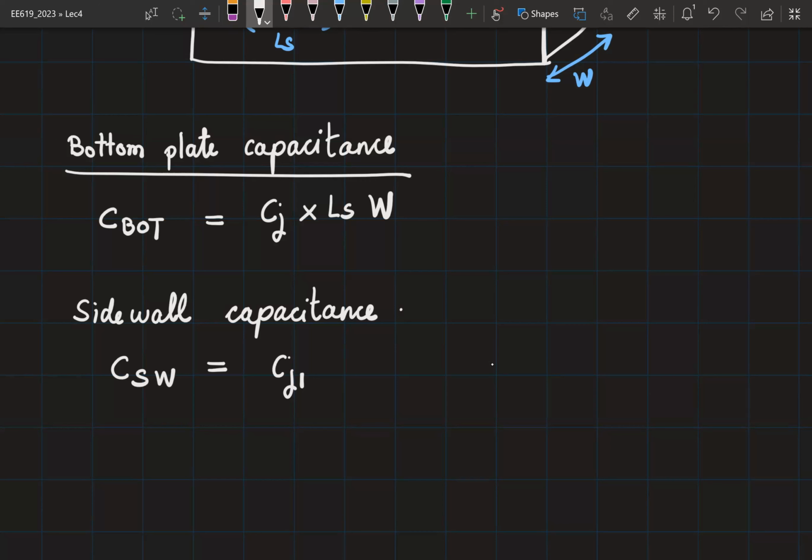And it is done to make sure that the diffusion and the source and the drain regions are of the shape that we recommend. So now let us take CJ1 and multiply it with 3 areas. What is the area at the front? LS into XJ. And area at the back? The same. What about this side? XJ into W.